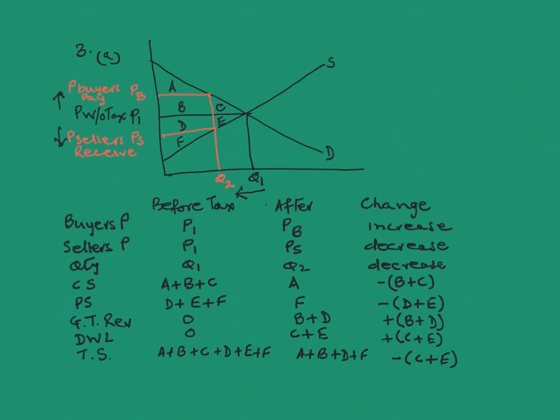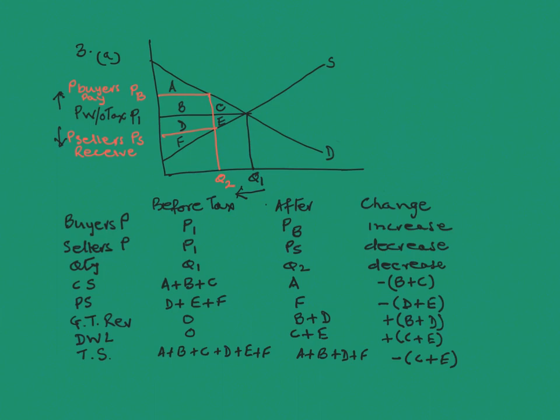Therefore, the change is a decrease. Quantity before the tax was Q1. After the tax, the market shrank to Q2. Therefore, the change is a decrease.